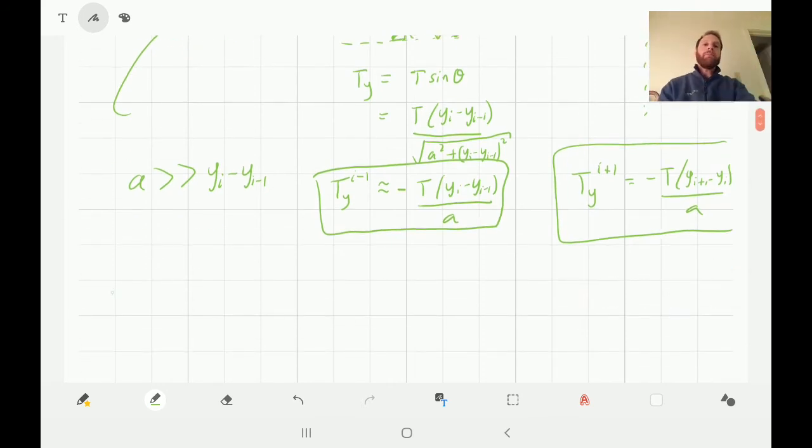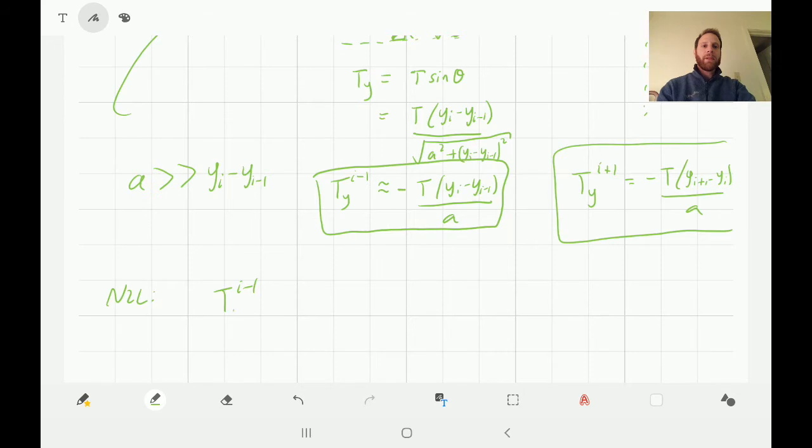We would then use Newton's second law, and that would say the net force, that is to say the y component of the force from the left plus the y component of the force on the right, is equal to the mass times the acceleration of that ith particle.